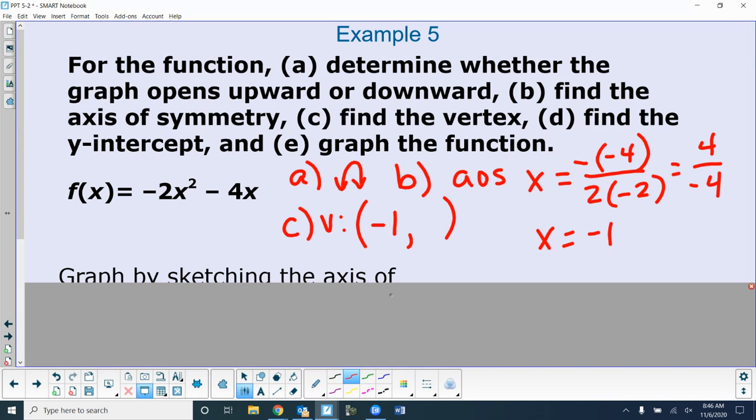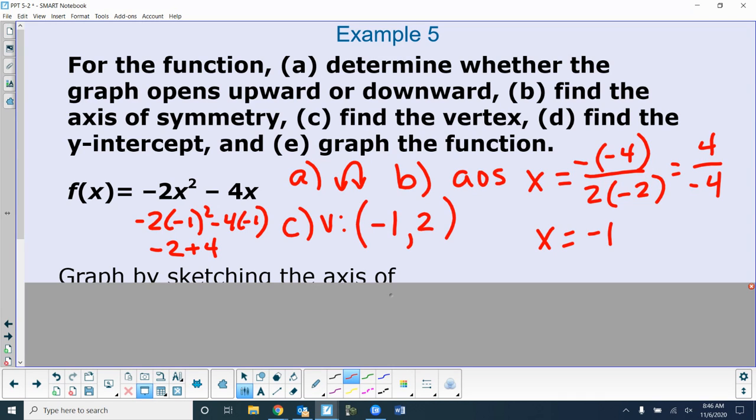I plug the -1 into the original problem. So -2 times -1 squared minus 4 times -1. -1 squared is +1 times -2 is -2. -4 times -1 is +4. -2 plus 4 is 2.